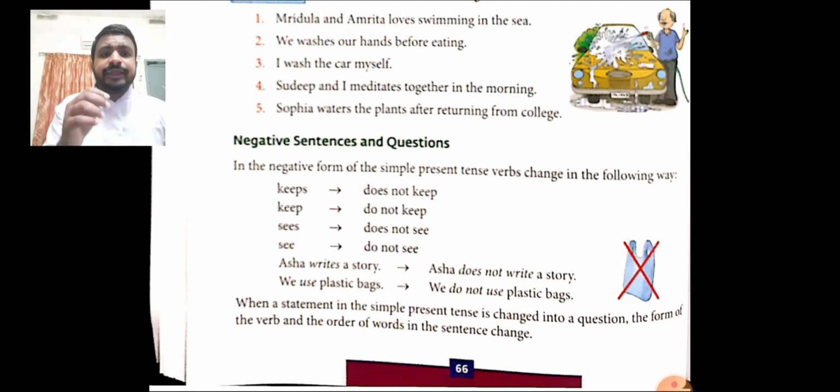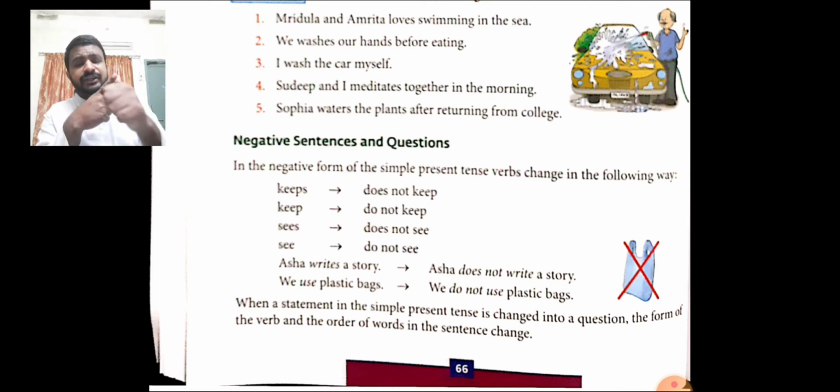Now, when a statement in the simple present tense is changed into a question, the form of the verb and the order of words in the sentence change. When we make a statement into a question, what all do we need to change? We need to change the form of the verb, then the order of the words. These two things you need to change.